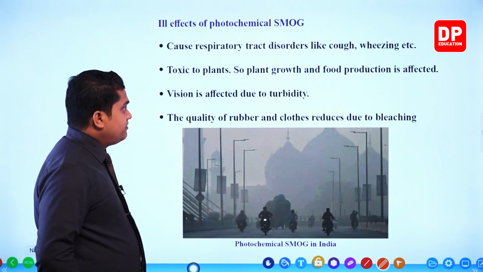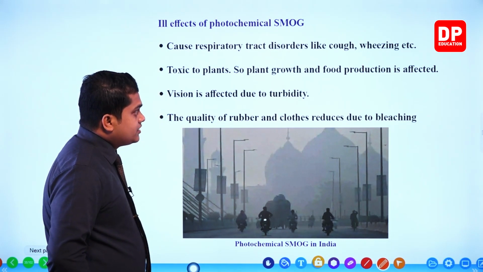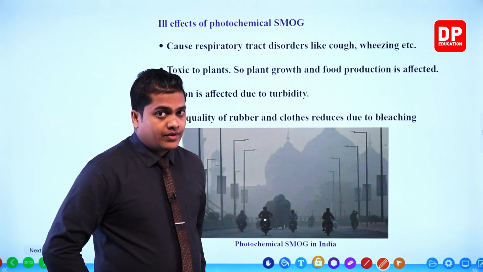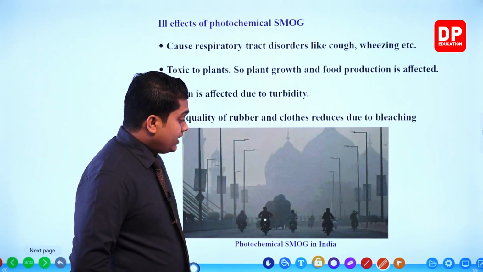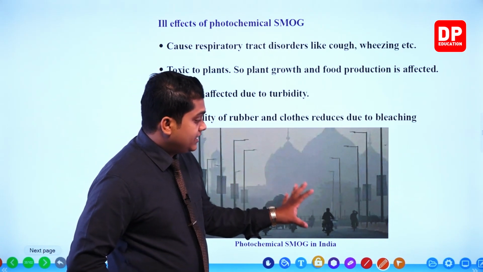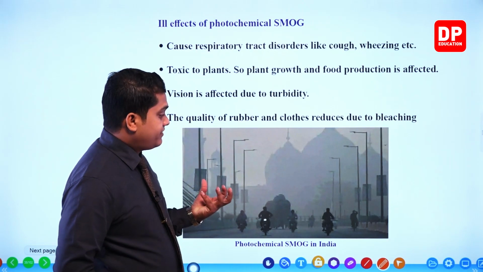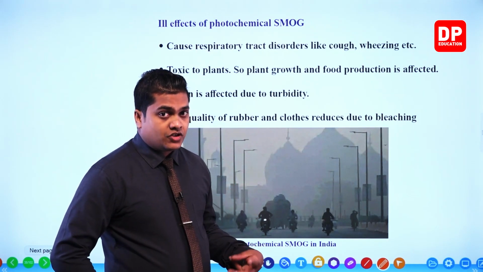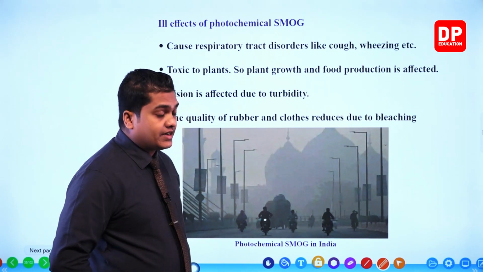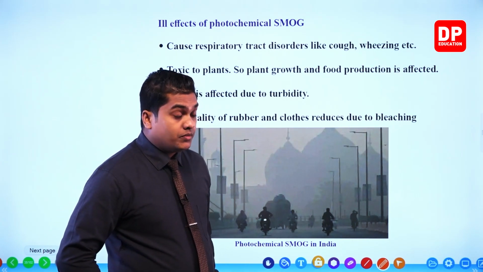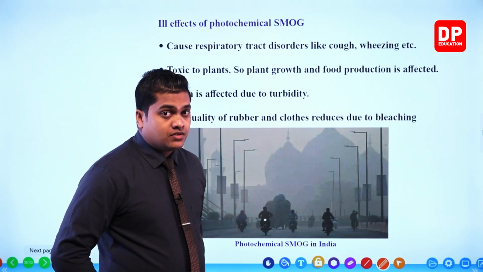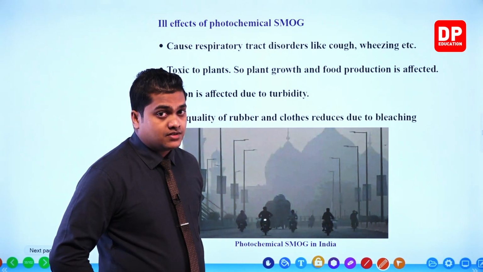Next, vision is affected due to turbidity. When the turbidity increases within the air, my dear children, vision is affected, and because of the effect on vision, sometimes different kinds of accidents will occur.